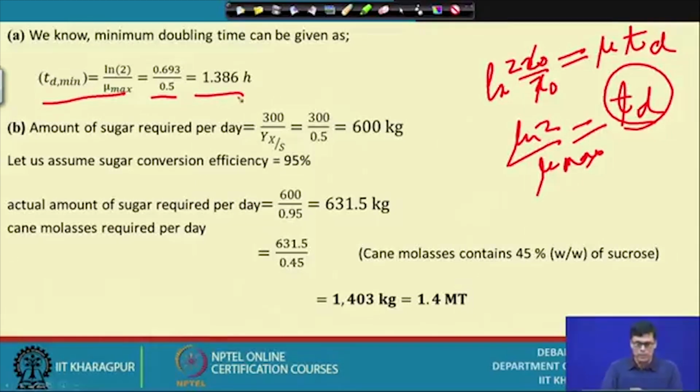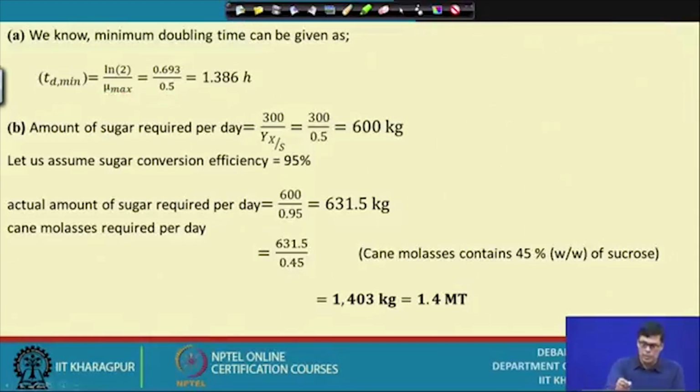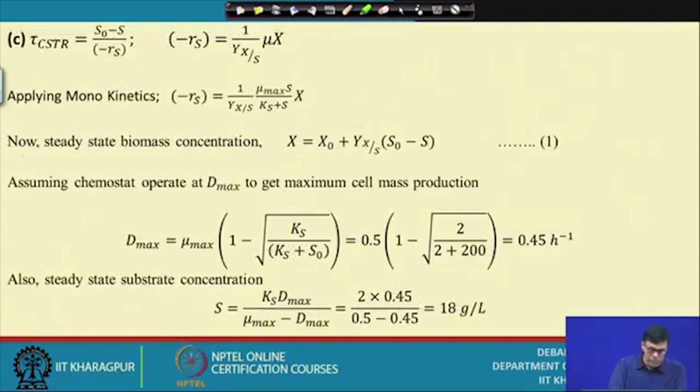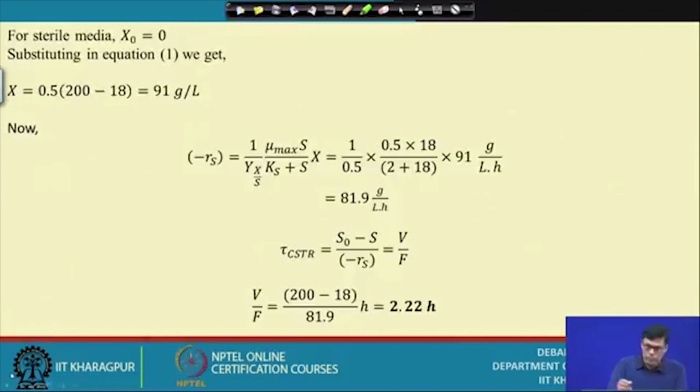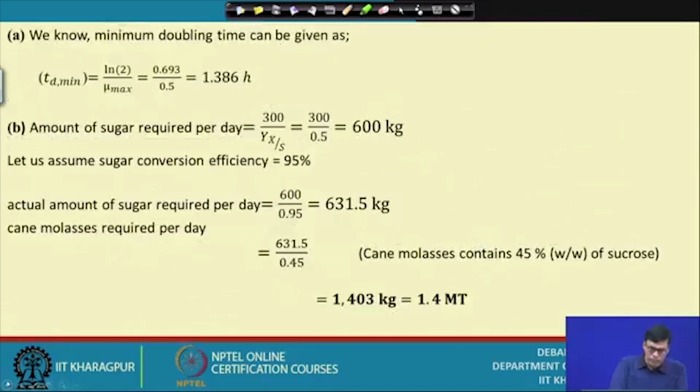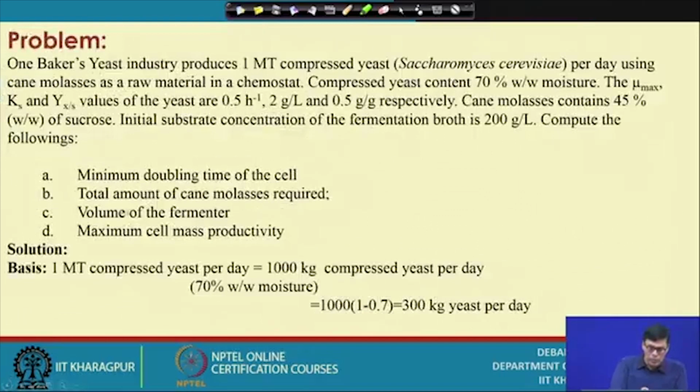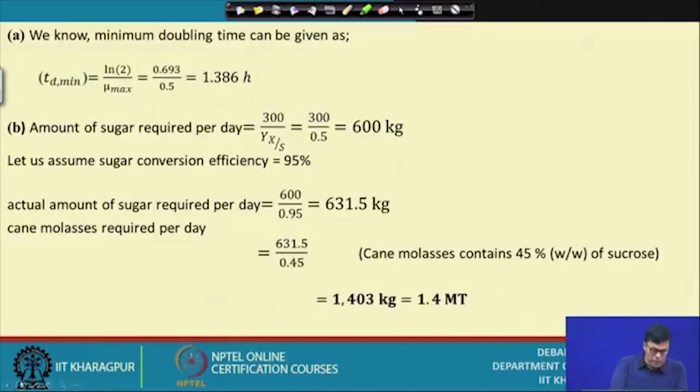Now, the next problem is that we shall have to find out the total amount of cane molasses required. Am I right?